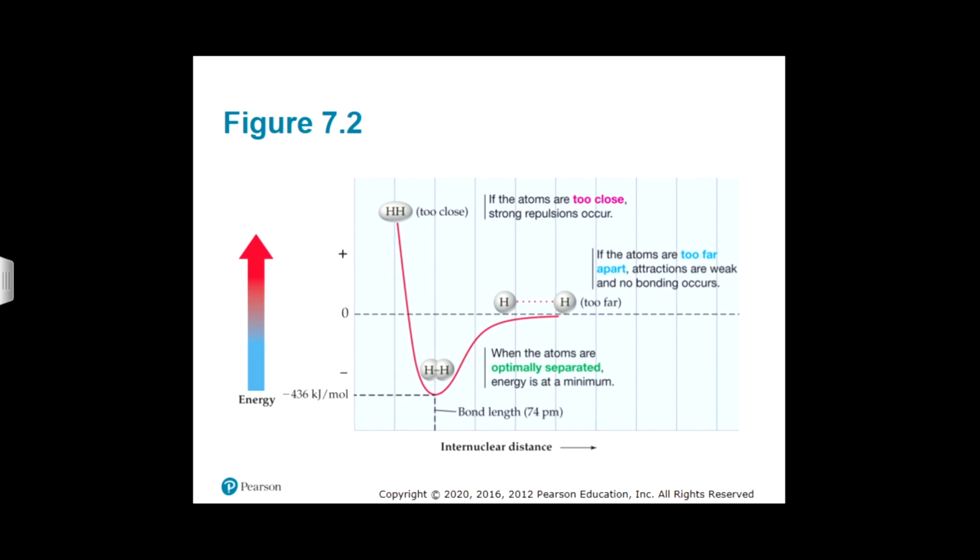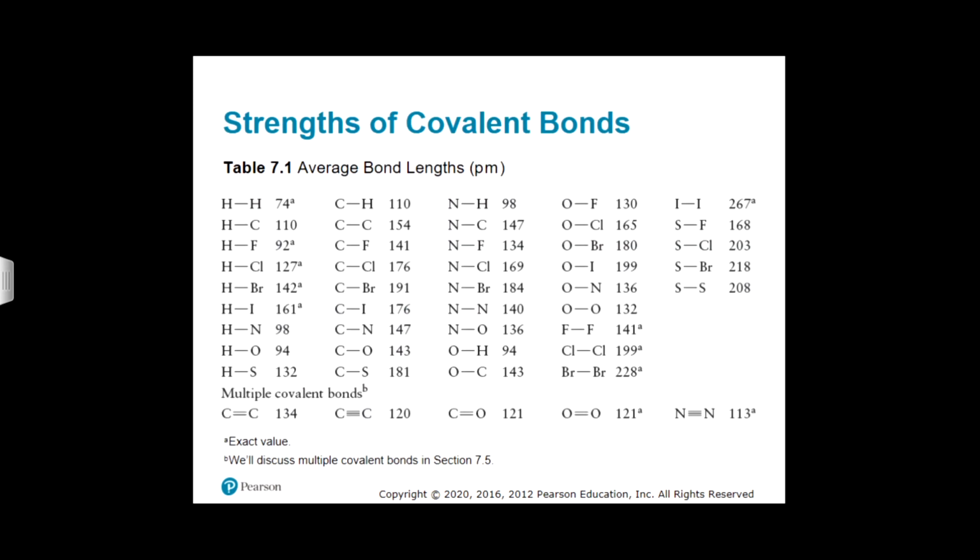Now, this optimum bond length is dependent on what 2 atoms are involved in a covalent bond. So 74 picometers is the distance for hydrogen, but since hydrogen atoms are pretty small, that is relatively short compared to most bond distances. On this chart here, there's a list of some example bond lengths.